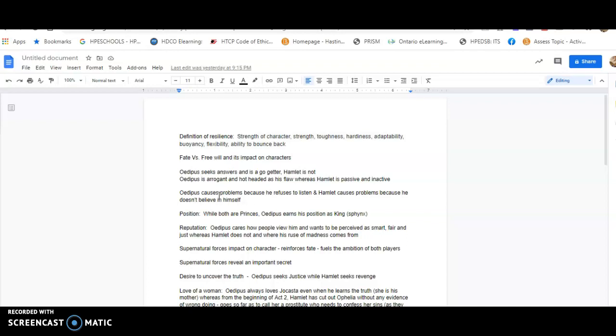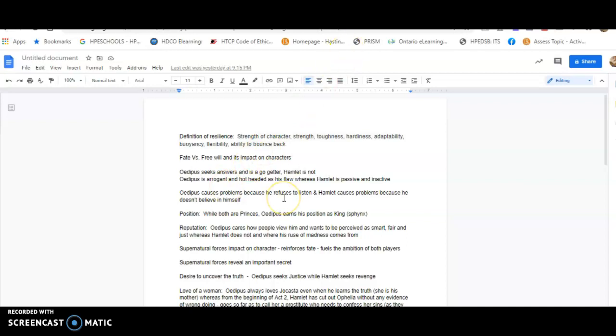So even though it's their downfall, they demonstrate resiliency because of it. And that's ultimately what this is asking you: both of these characters have fatal flaws. Do they demonstrate resiliency in the face of these, or do they succumb to them?